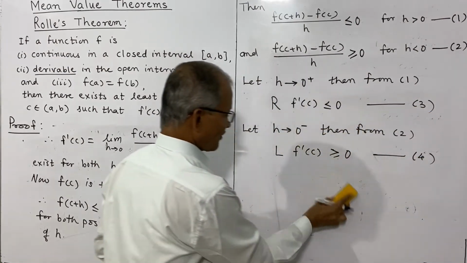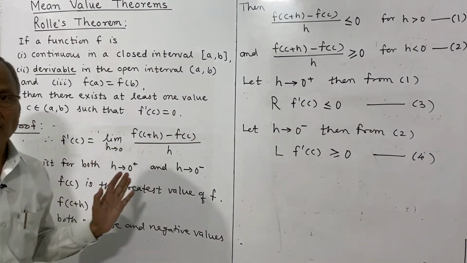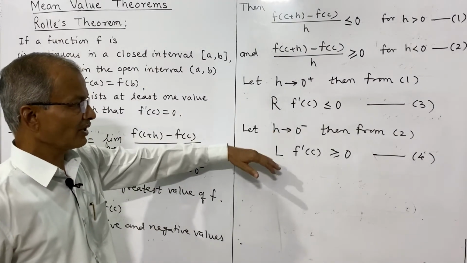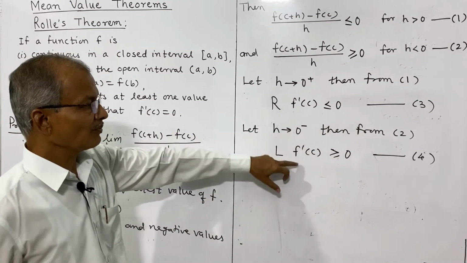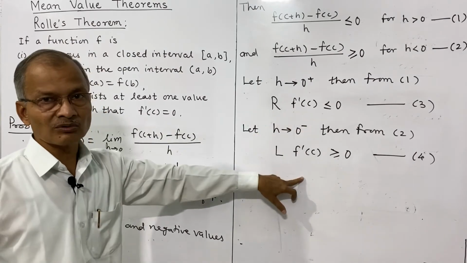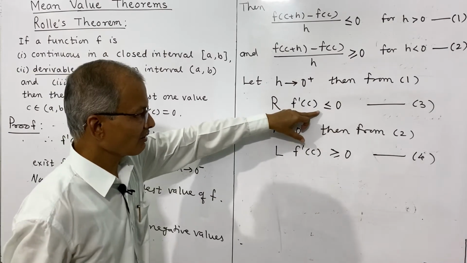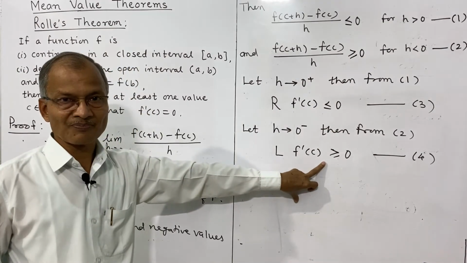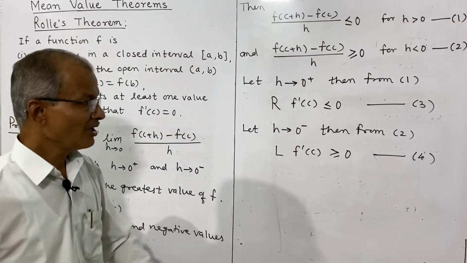But f dash of c exists, which means when the derivative exists, the right hand derivative and left hand derivative must be equal. And therefore 3 and 4 will be equal only if both are equal to 0, otherwise not. Because this is less than or equal to 0, and this is greater than or equal to 0. When one is less than 0 and the other greater than 0, they will be unequal.